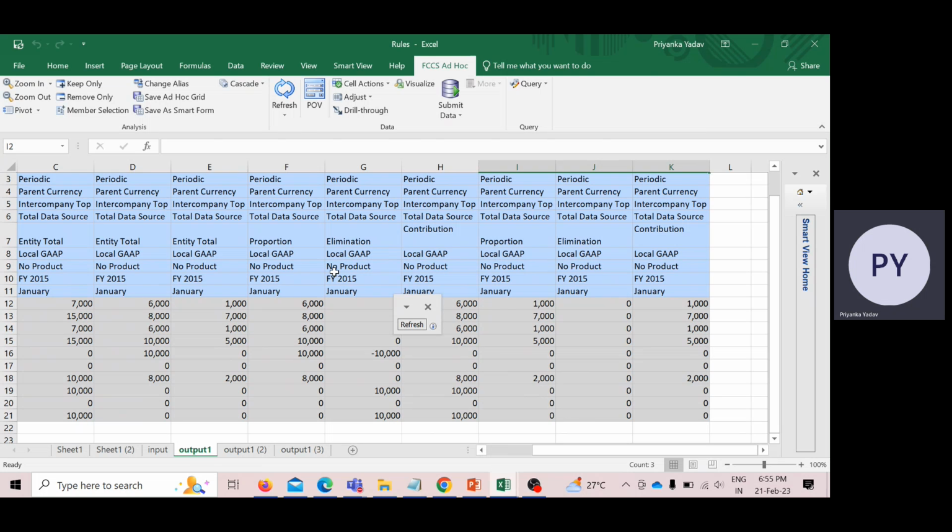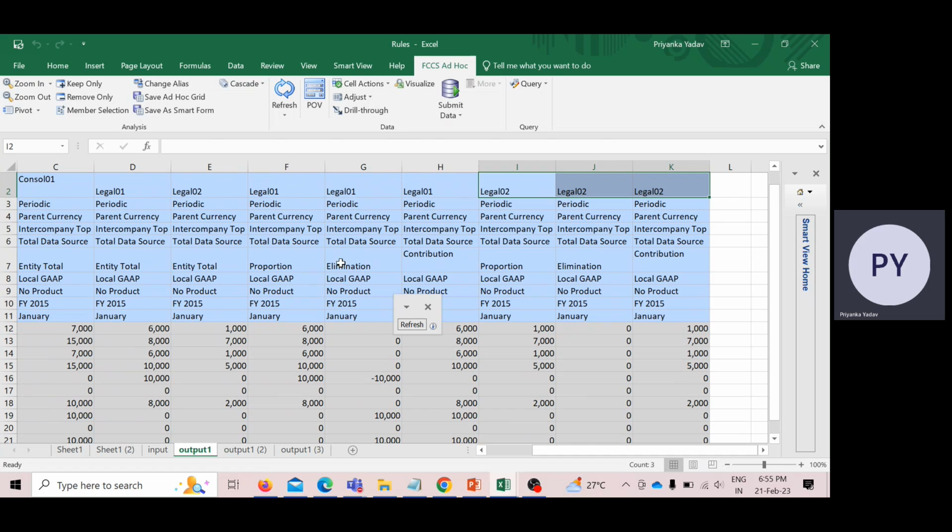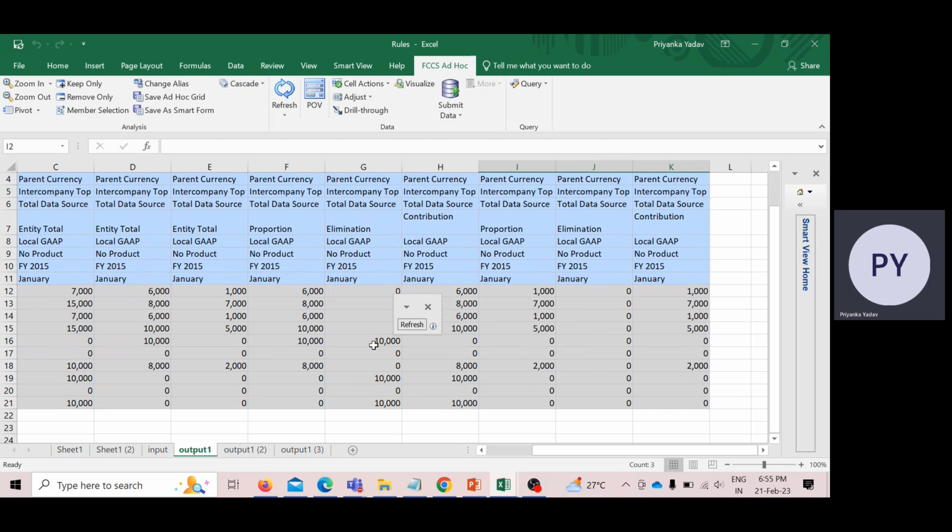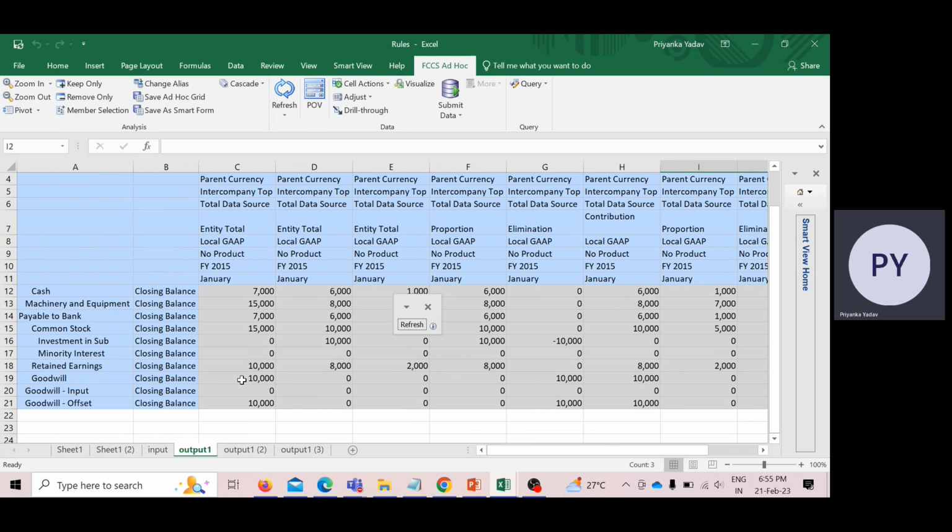You can see the proportion, elimination and contribution in the holding as well as the subsidiary. You can see elimination of investment and going into goodwill offset and accumulating to goodwill.